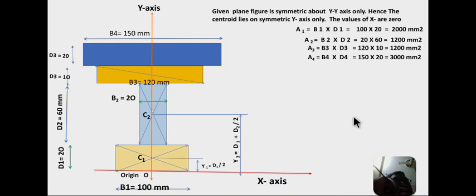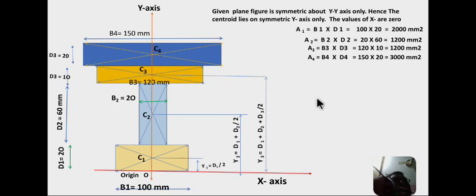In a similar way, for the third section, C3 is the centroid of the third rectangle at a distance of y3 from the x-axis. So y3 equal to the height of the bottom rectangle plus the second rectangle plus half of the third rectangle. So y3 equal to D1 plus D2 plus D3 by 2. And C4 is the centroid of the fourth section.